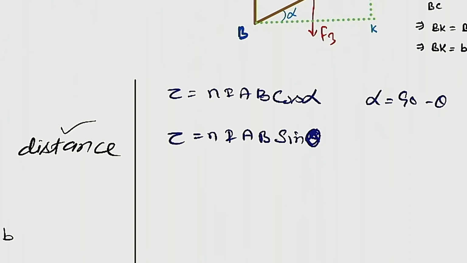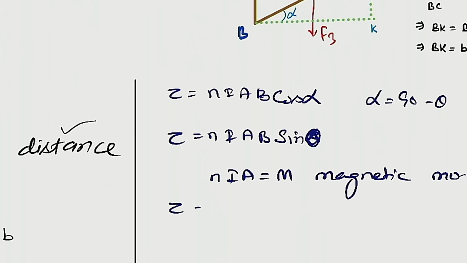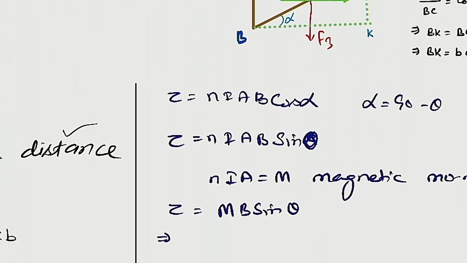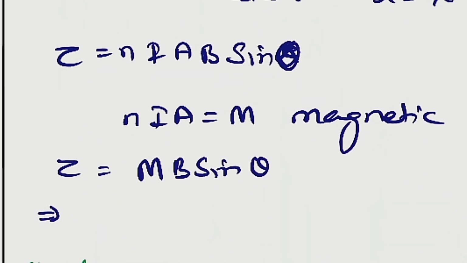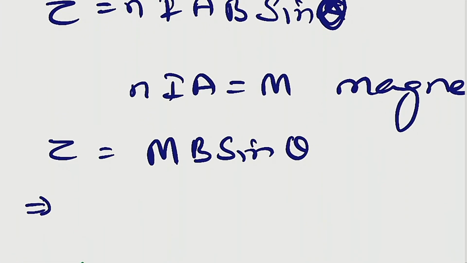And also NI into A is equal to M, that is known as magnetic moment. So the result will become tau equal to MB sine theta. Since magnetic moment is a vector quantity, magnetic field B is also a vector quantity and torque is a vector quantity, in vector form we can write M vector cross B vector.